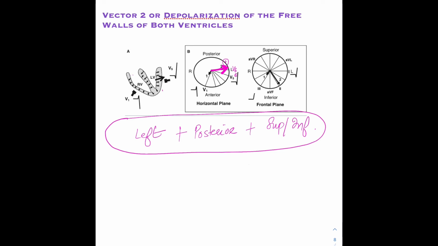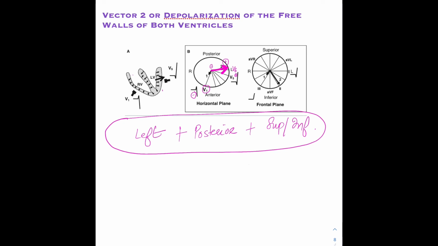But the negative side is facing the recording electrode V1, hence we have a negative deflection. The concept is the same everywhere: when the positive side of the vector faces a recording electrode, you will have a positive deflection, and if a recording electrode is facing the negative side of the vector, you will have a negative deflection.